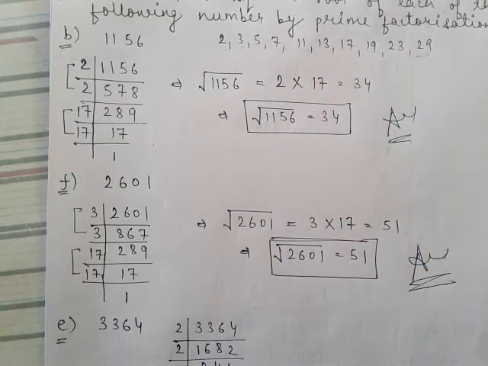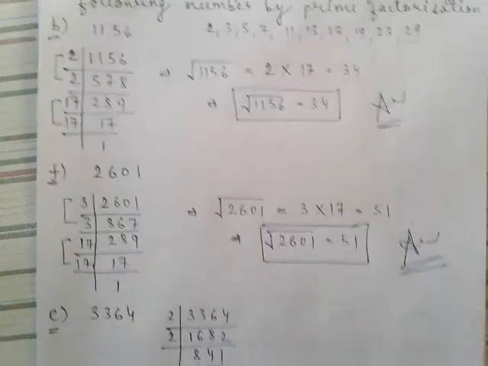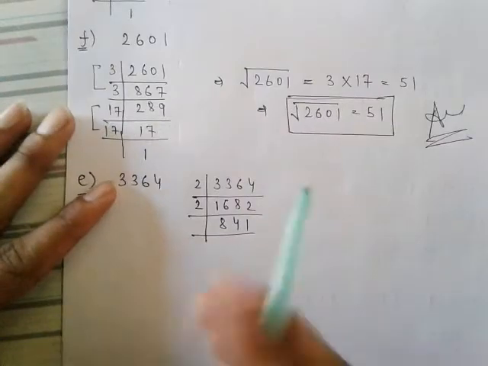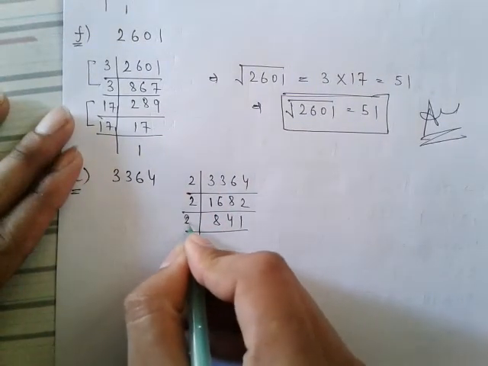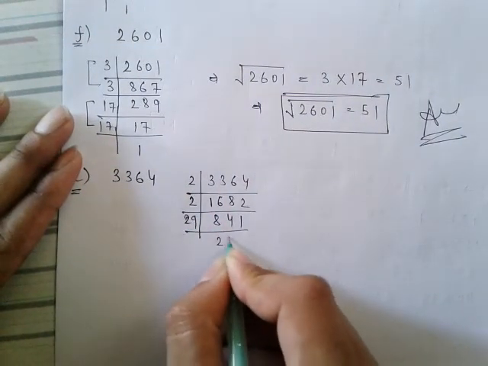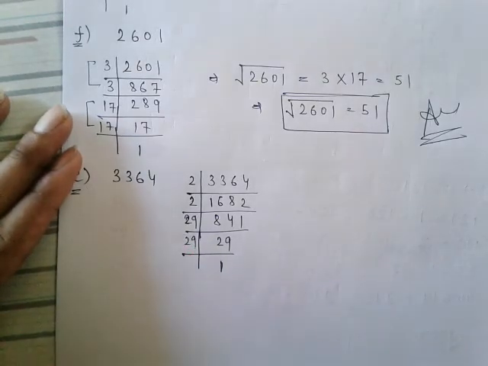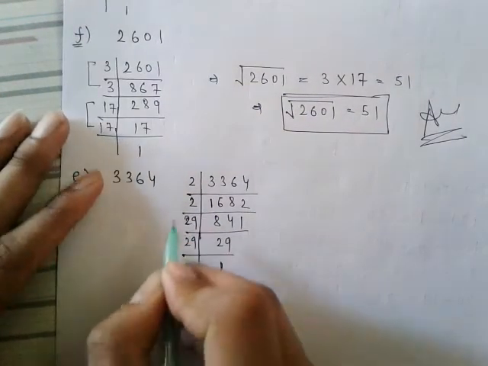Okay, I checked it. That is why I told you, because I already performed this. I'm not going to show you. So 841 can be divided by 29, and then it will give you 29. So 29 times 1. Okay, now make pairs.